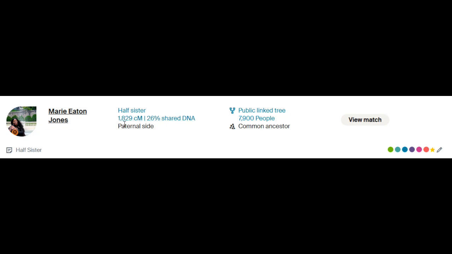It shows 1,829 CMs, 26% shared DNA, paternal side. It shows a public link tree, and it shows that we have common ancestors. This is a really good example of a lot of things we've been talking about thus far, even to the color coding.